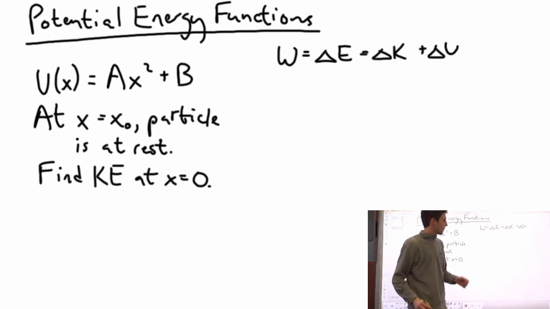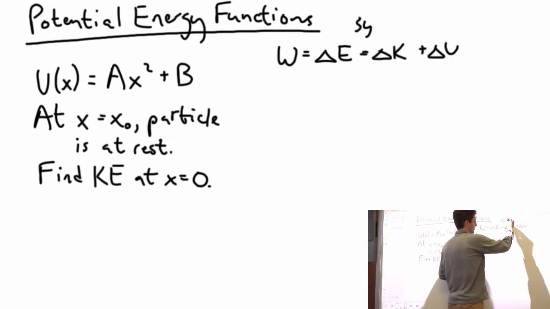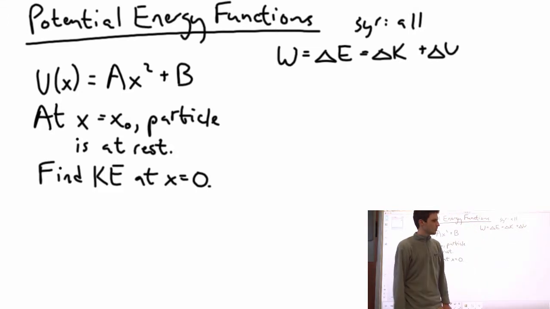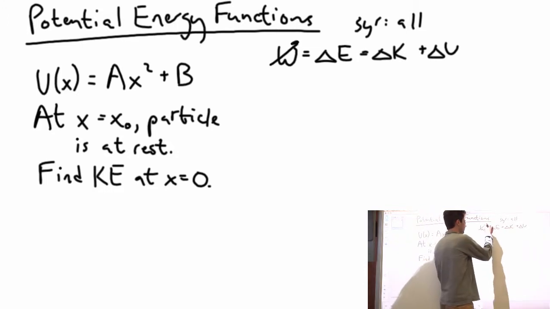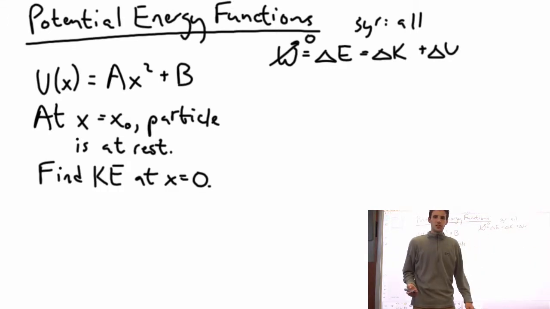Since I just said the system is everything, and I'll write that just to be sure, system, all, the work done has to be 0 because there can be no external force if everything is in the system. So that goes to 0, and as a result, I get 0 equals delta K plus delta U.